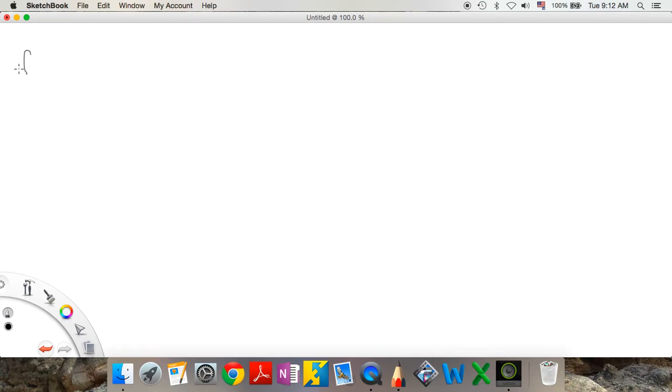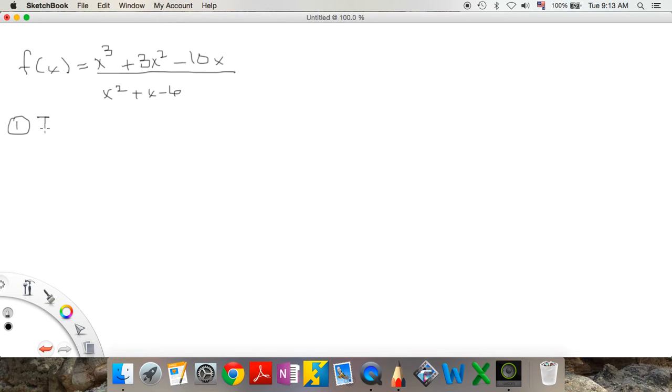So let's look at this function. Alright, so the first thing is to look at the degree and decide if it's proper. Okay, the top degree is 3 and the bottom degree is 2.